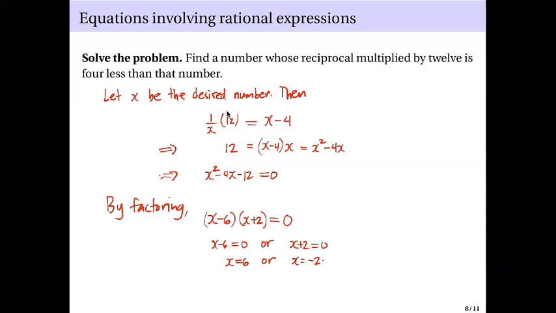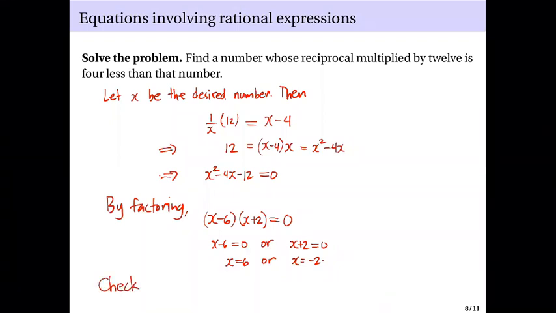So 12 divided by, sorry, the reciprocal of negative 2 is negative 1/2. So 12 divided by negative 2, that's negative 6. And negative 6 is 4 less than negative 2. So do the checking part.